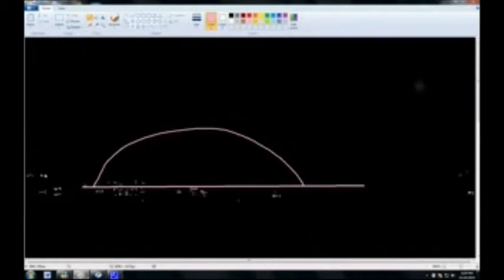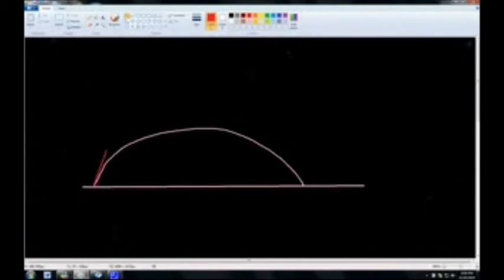Hi, this is a physics projectile motion problem. It says that a player kicks a football with an initial velocity of 15 meters per second at an angle of 42 degrees. So if we draw that here, let's say the ball is thrown from here and it lands over there.